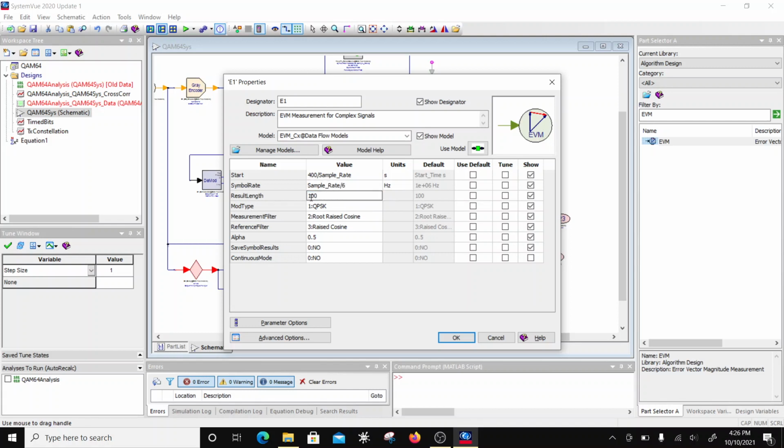And result length I'm going to put here, let's say 2000, and the modulation type is QAM64, measurement filter as none, reference filter is rectangular, and that's it.